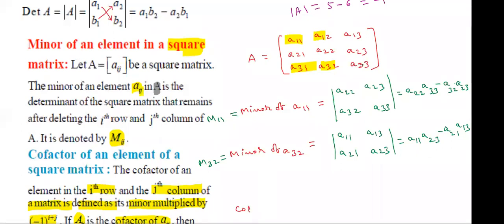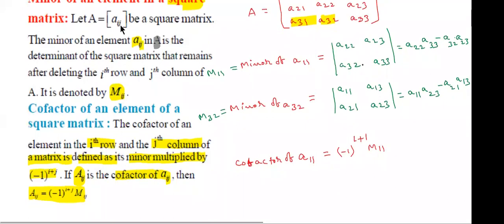Cofactor of A11. What is the formula? (-1) to the power i plus j means (-1)^(1+1) into M11, that is (-1) squared, so it is M11. Cofactor of A32.